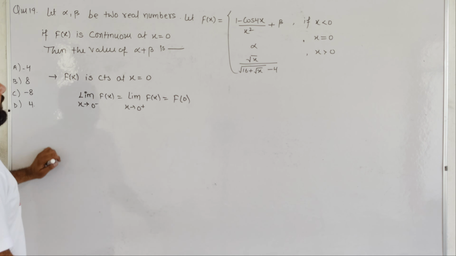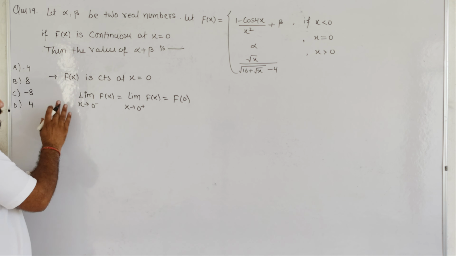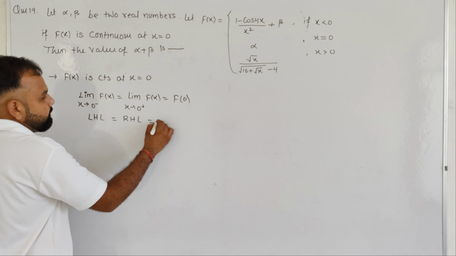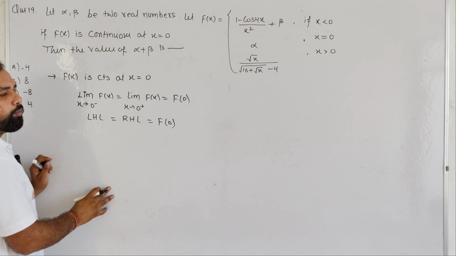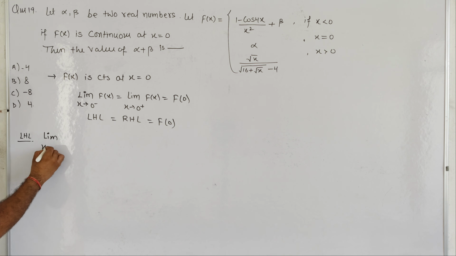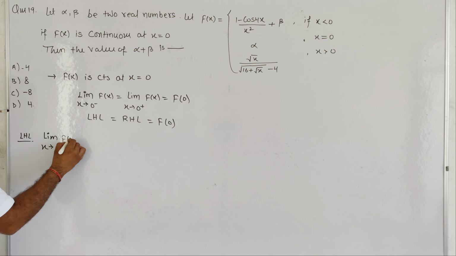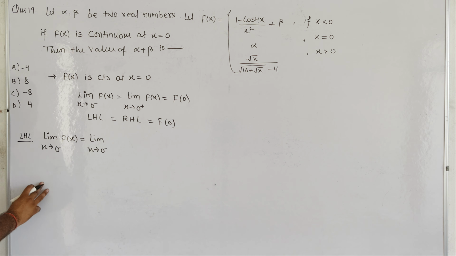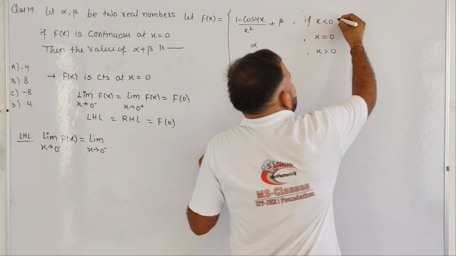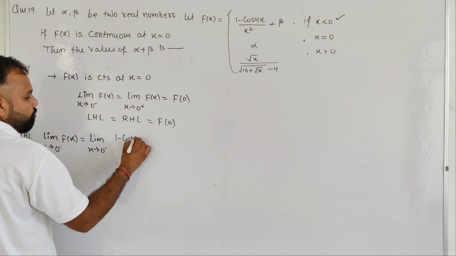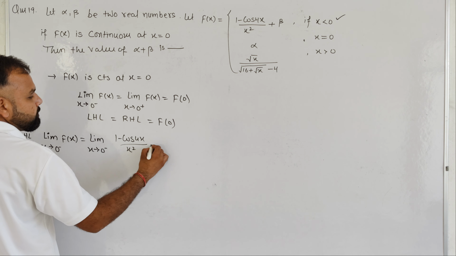Okay. So I think we need to calculate the left hand limit. It is basically left hand limit, it is basically right hand limit, it is basically the function at x equal to 0. So first of all, we are going to calculate the left hand limit. Limit x tends to 0 of f(x). Student, you can see the functional value at 0 minus, which you know very well is less than 0, our function is (1 - cos 4x) divided by x^2 plus beta.